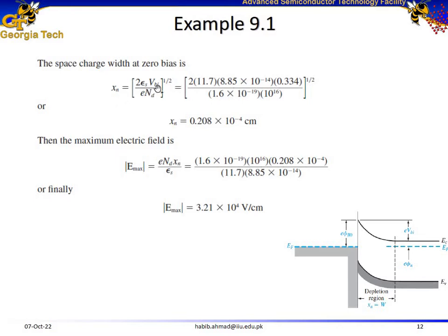It's under thermal equilibrium, so we don't add or subtract applied voltage. VBI is the built-in potential. We can easily calculate Xn, which comes out to be 0.208 times 10 to the power of minus 4 centimeter. And then using this relationship, our electric field comes out to be 3.21 times 10 to the power 4 volt per centimeter.